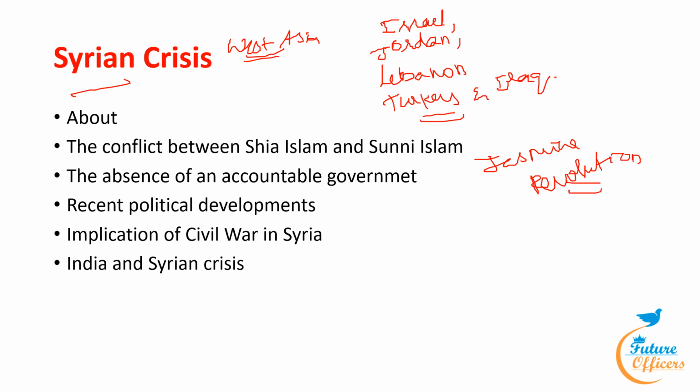Now, what are the implications of the civil war in Syria? Syria's economic, social, and human development has been severely hindered by the devastating civil war. The country's GDP is currently less than half of what it was prior to the conflict. Many thousands of Syrians have died in five years of armed conflict.